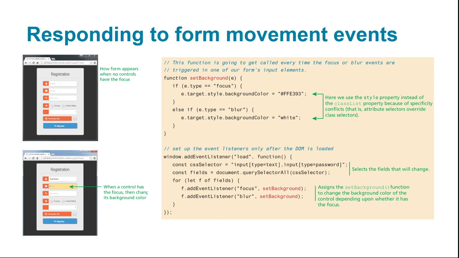We talked about those last week, right? Focus is when you are on an element. If it is a text box or text area, it is when your cursor is in that element. Same thing with check buttons and radio buttons, or drop down when you're actively interacting with those. And then a blur is when you move from that element to something else, right?